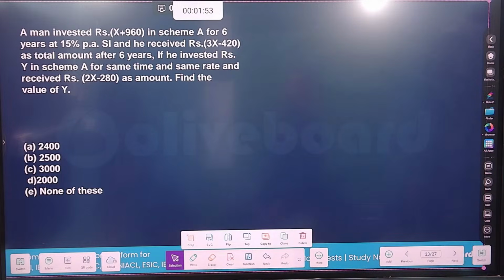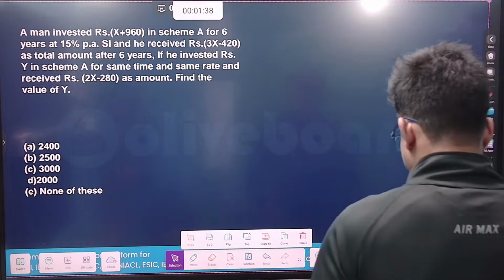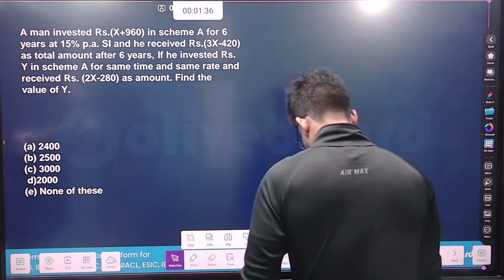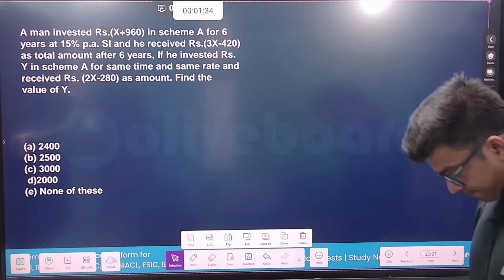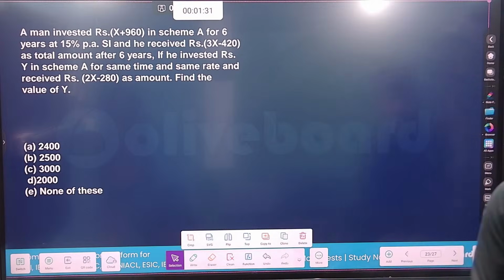So 2x 80. Yes, understood. Come on, try. Try this question, everyone. Please try.